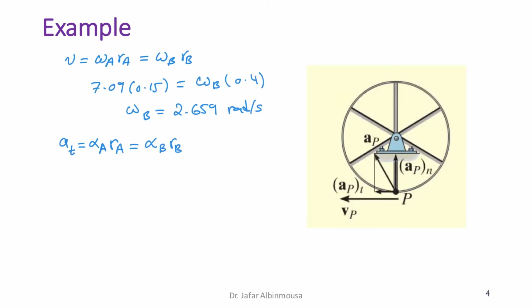So if we substitute, we have 2 radians per second square multiplied by 0.15, which is equal to alpha B multiplied by 0.4, the radius of the wheel. So we get alpha B, which is equal to 0.75 radians per second square.